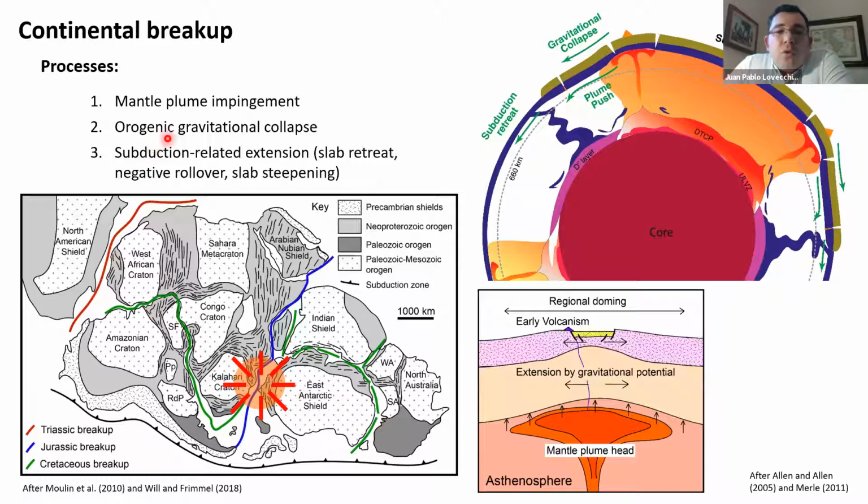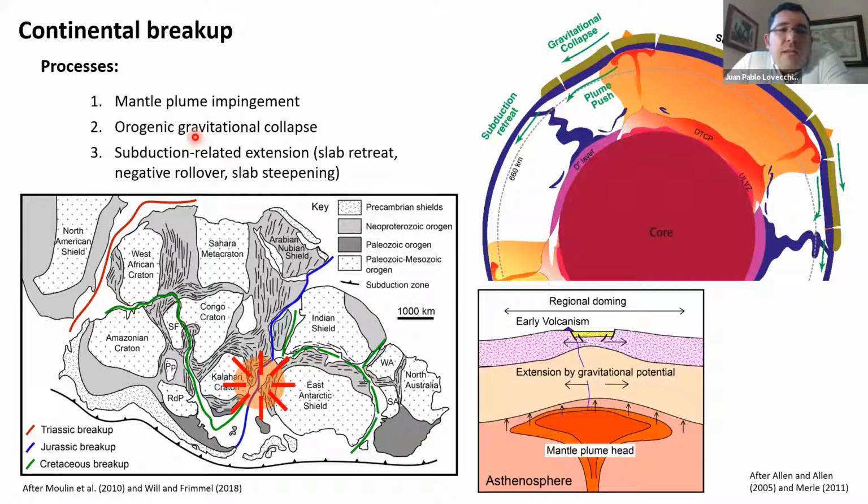Another process that can produce rifting and continental breakup is orogenic gravitational collapse. This requires the build-up of a collisional orogen, and then when submitted to extension, it can split up and produce rifting.